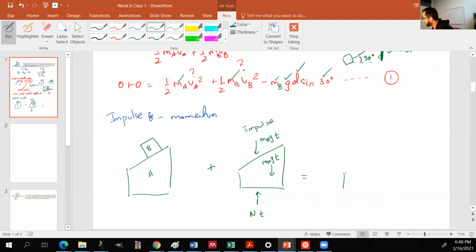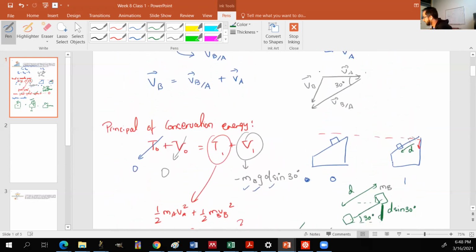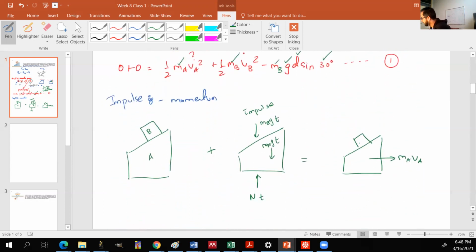So you have MA VA, and we know that's horizontal because it's on a horizontal plane. And then for the box, you will have MBVB. So draw it appropriately like that.